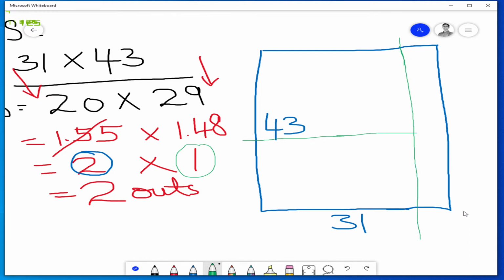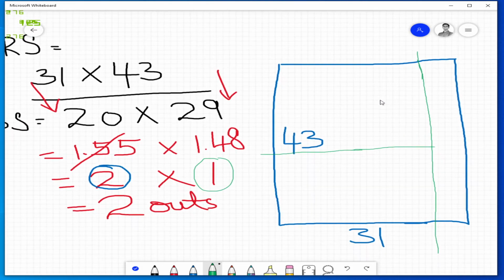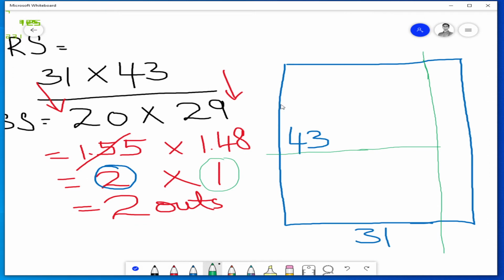Nampak? Okay, so where is our paper? Paper kita dekat mana? Ni nampak ni. 20, 20.